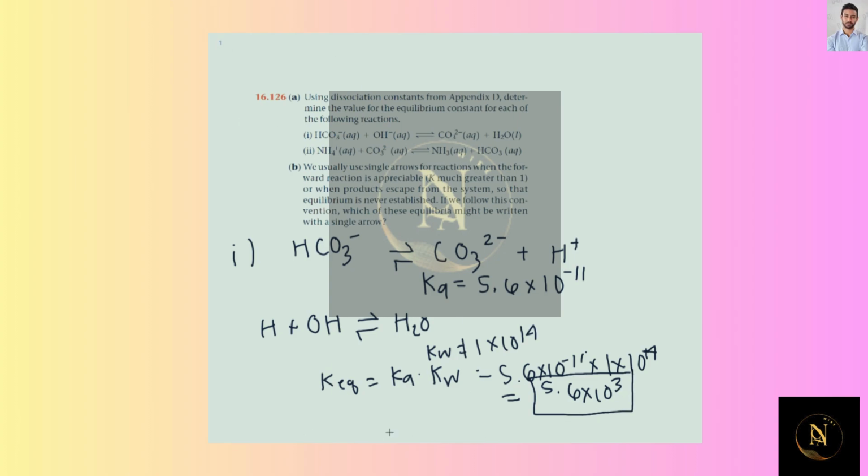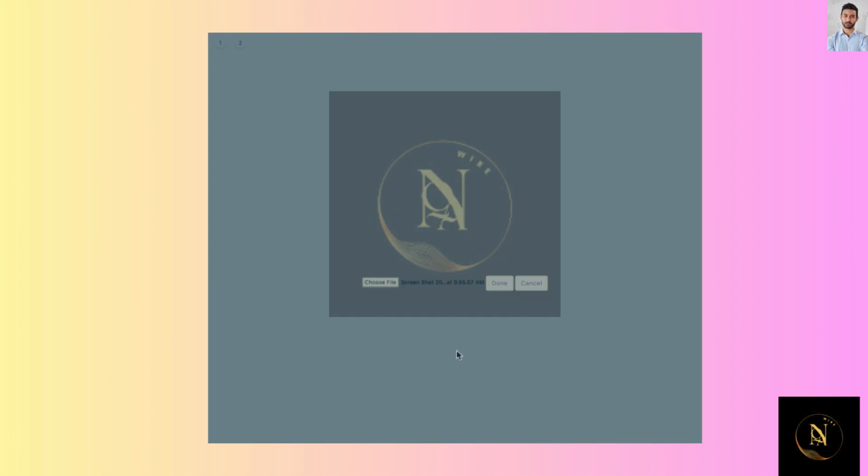In part 2, we have the dissociation of NH4 plus going to NH3 plus H plus. And then we also have CO3 2 minus plus an H plus goes to HCO3 minus.